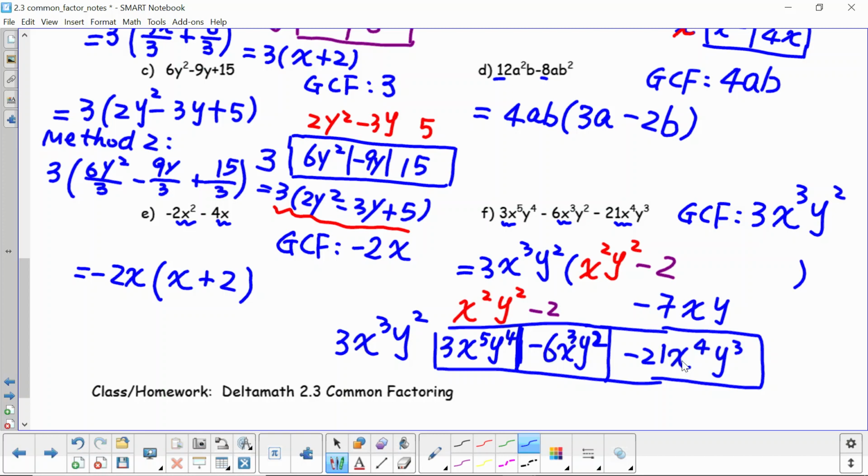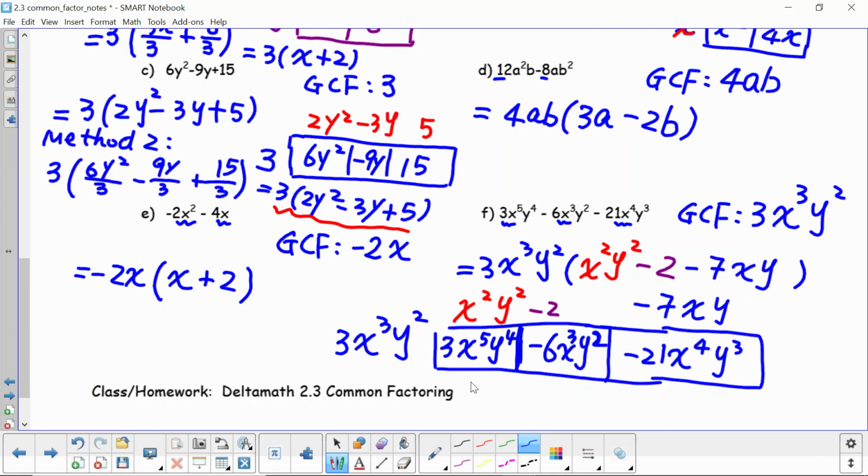So you can only apply the exponent rule to the same base. That's the reason I do the x to the exponent 4 divided by x cubed only. So same variable, we do the division. Y cubed divided by y squared. Same letter, we do the division. Then we put minus 7 xy here.